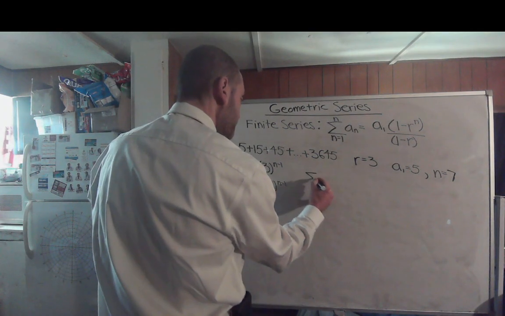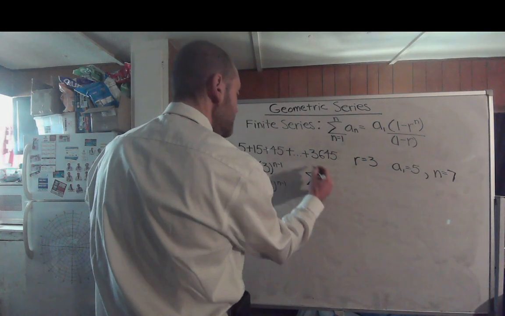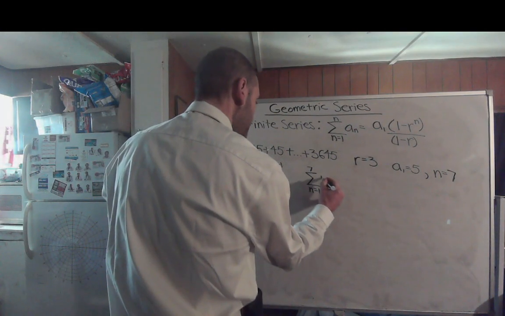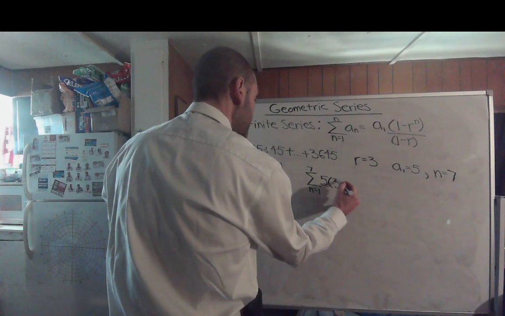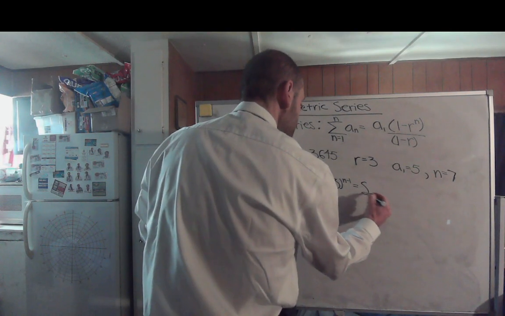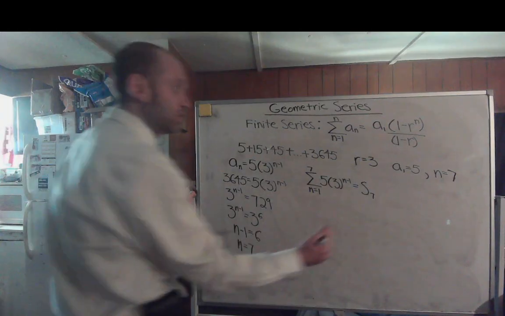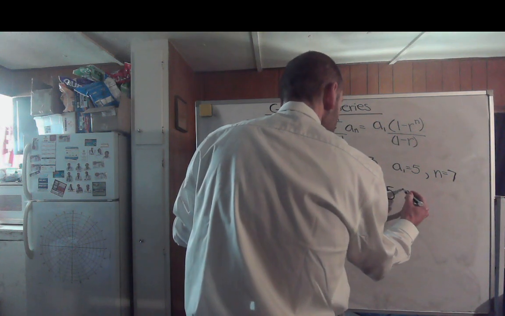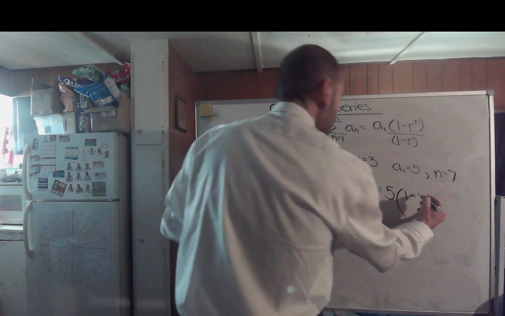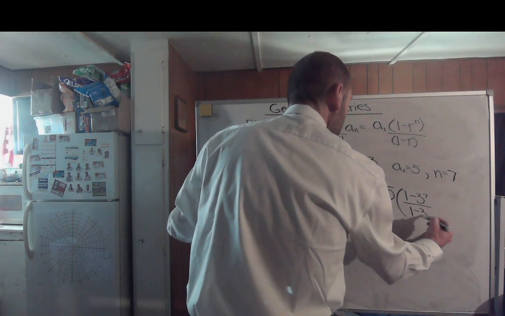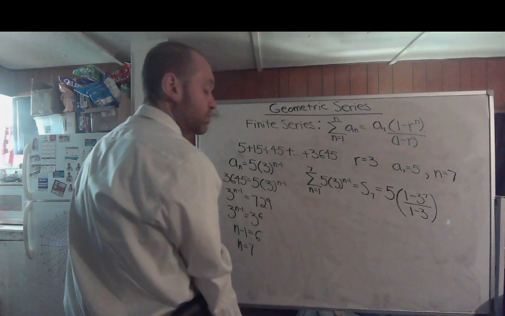So the sum from n equals 1 to 7, since there are 7 terms, of this sequence of 5 times 3 to the n minus 1, we can write that as s sub 7, sum of 7 terms, is going to equal my a sub 1, which is 5, times 1 minus my common ratio of 3 to the 7th, all over 1 minus 3, which is my common ratio.